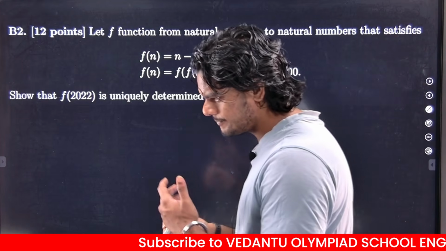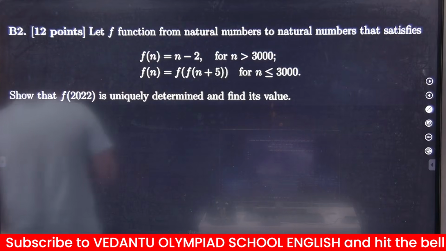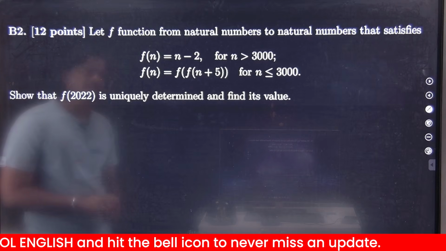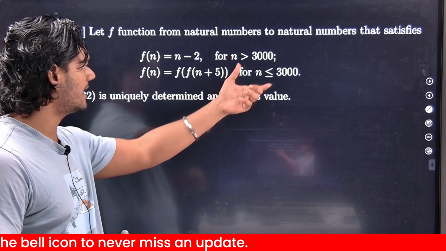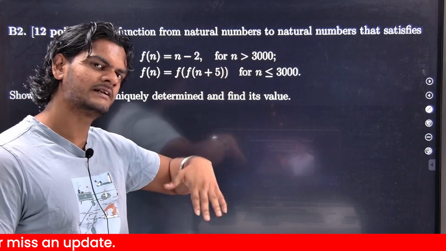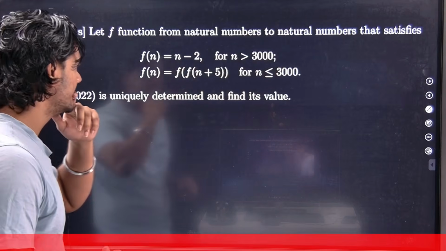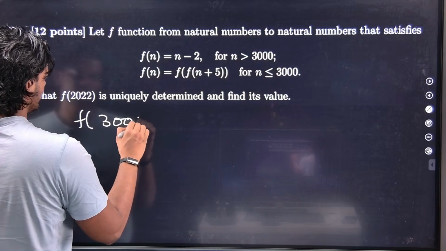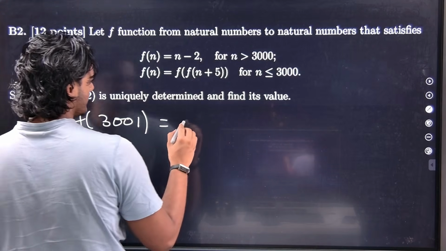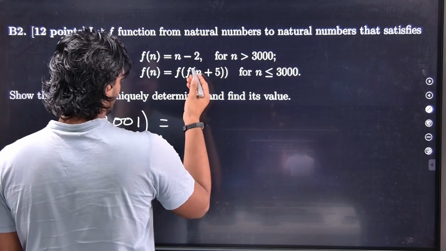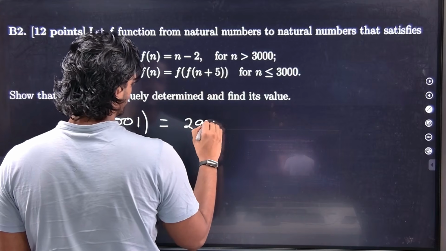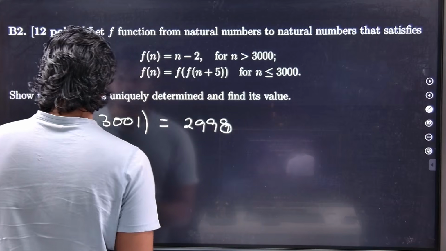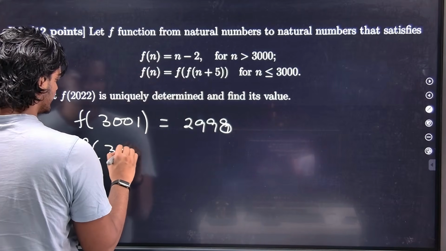Okay. So I hope you gave it a little try. Now, let's just see what happens to the function around 3000, a little bit above and a little bit below, right? Let's take f of 3001. That would be n minus 2, so 2999, right? 2998, is it? What happens to 3002?